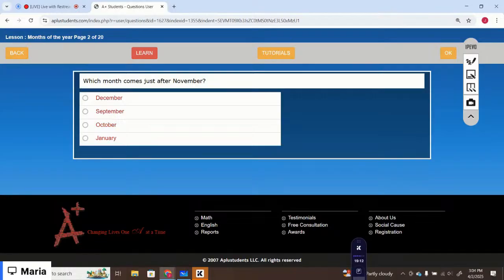Which month comes just after November? Just after November, it is December. Option number 1 is the correct option. That is December.